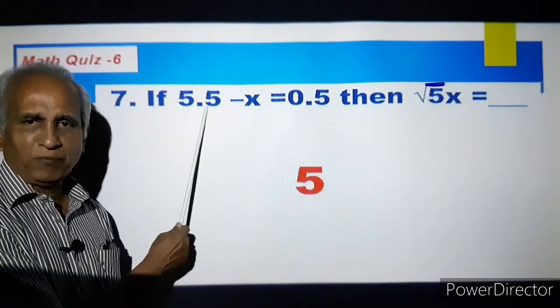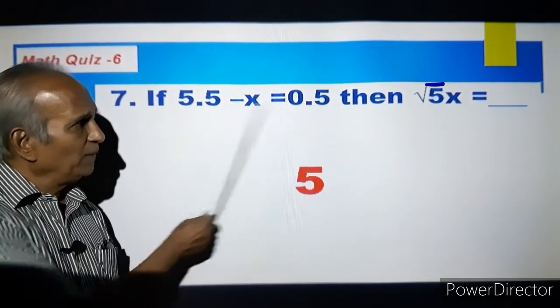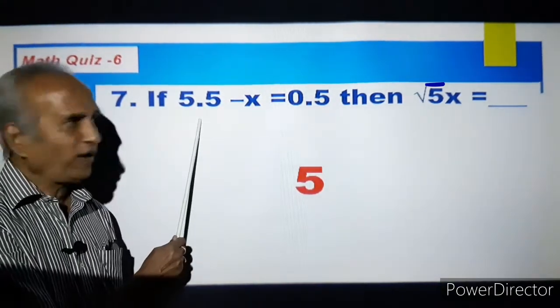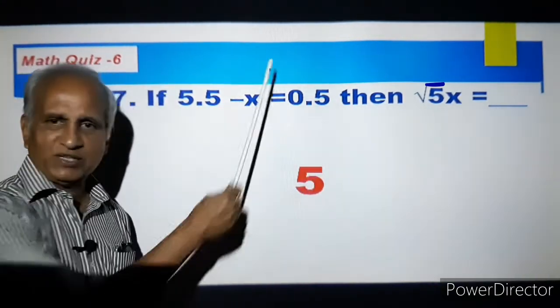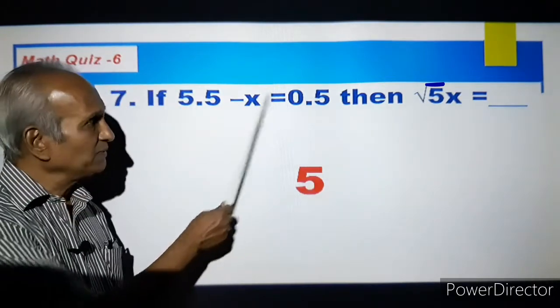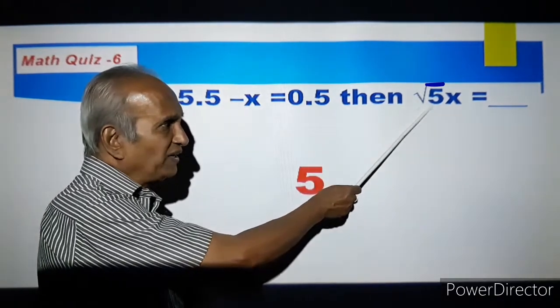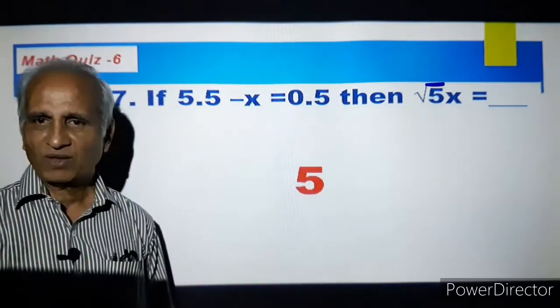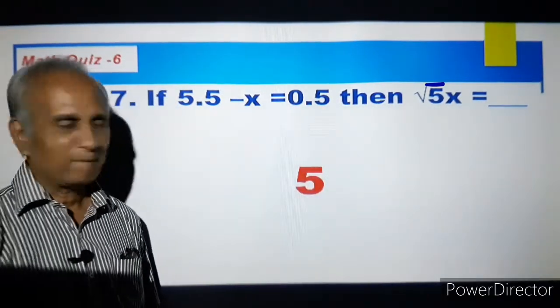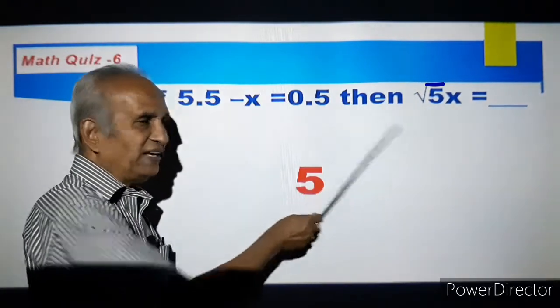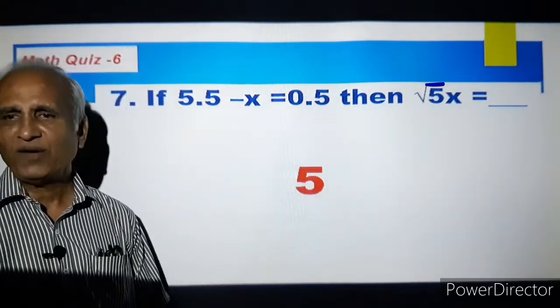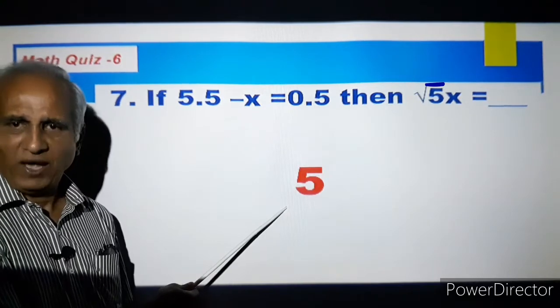It becomes 5.5 minus 0.5, plus becomes minus, it becomes 5. Minus x, let us take to the right side, so that becomes plus. X is 5. What we want is root of 5x. So 5 into 5, its root we need. Root is 5. Answer is 5.